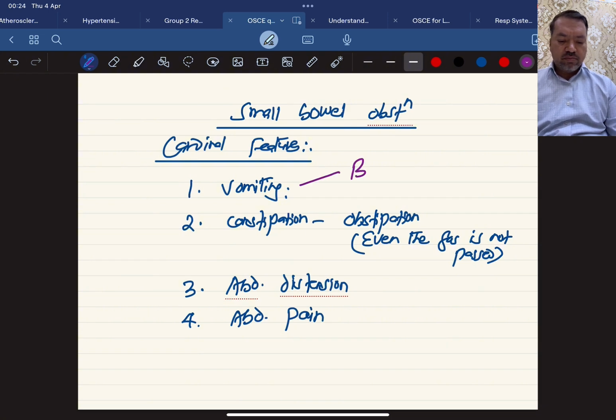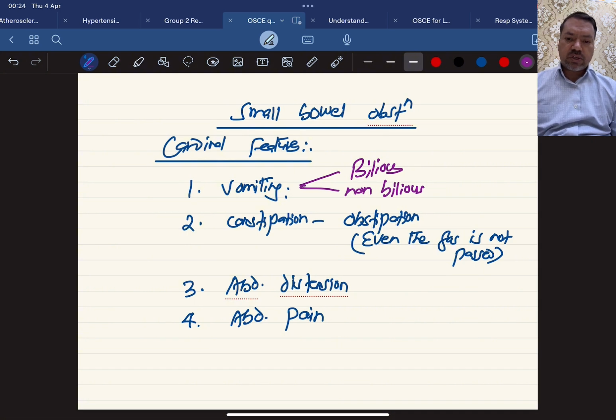Vomiting can be bilious, usually, or it can be non-bilious. Non-bilious is a bit rare because we are talking about small bowel obstruction, and if obstruction occurs distal to the second part of the duodenum, the vomiting is usually bilious. If obstruction occurs proximal to that, then there will be non-bilious vomiting.